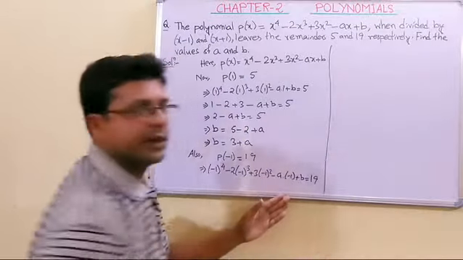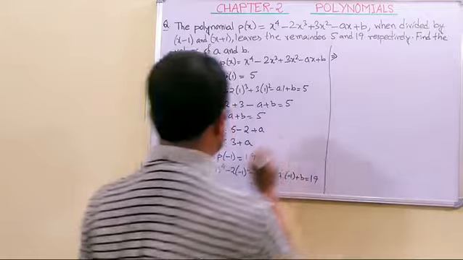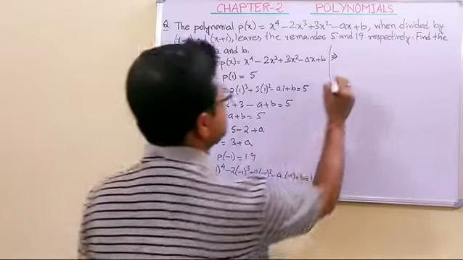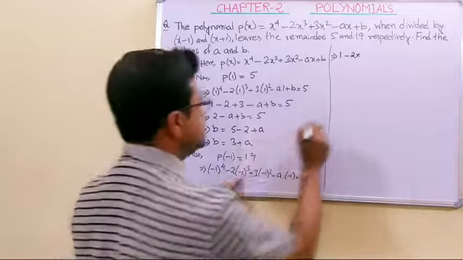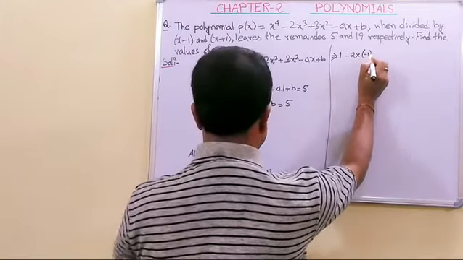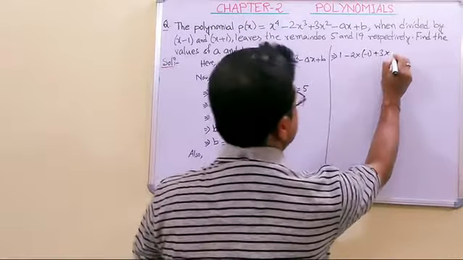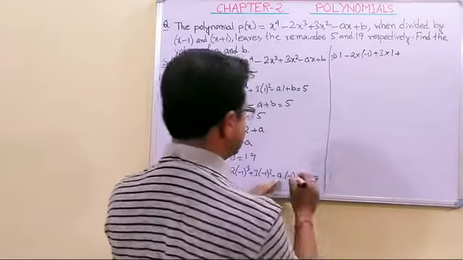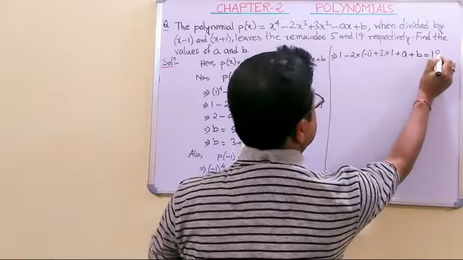Now let us simplify here. Alright. Minus 1 to the power 4 is plus 1 minus 2 into minus 1 cube minus 1 plus 3 into minus 1 square 1 plus this is a plus b is equal to 19.